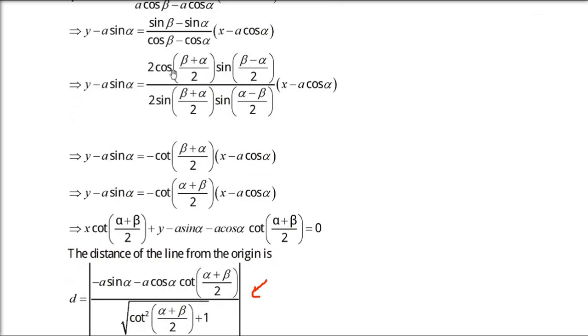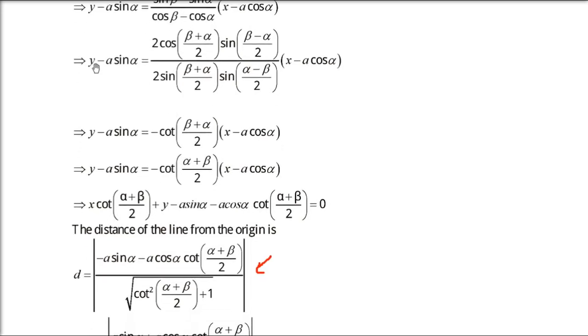The 2 gets cancelled. Cos by sin is cot beta plus alpha by 2, and taking the negative outside, alpha minus beta by 2 is beta minus alpha by 2 with a minus. So this is minus cot beta plus alpha by 2.